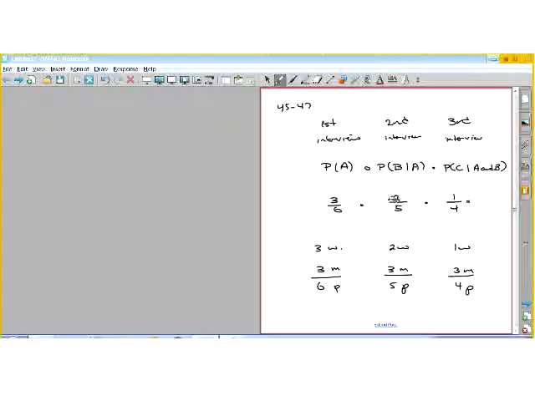So to find the combined probability, you multiply these things together, and you get 6 over 30, 6 times 5 is 30, times 4 is 120. And you can divide both numerator and denominator by 6, and you'll get 1/20th. 1 over 20, 1 divided by 20. So that's the probability of picking 3 women.